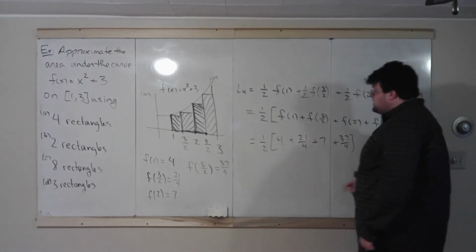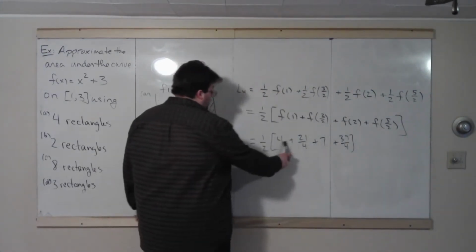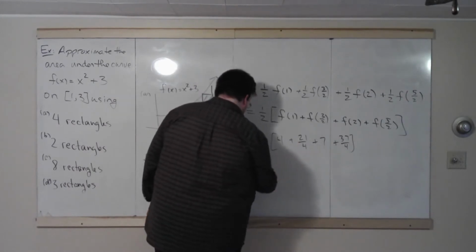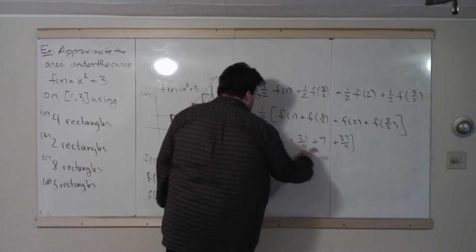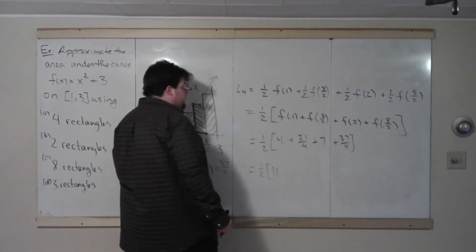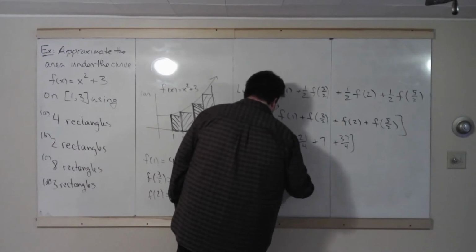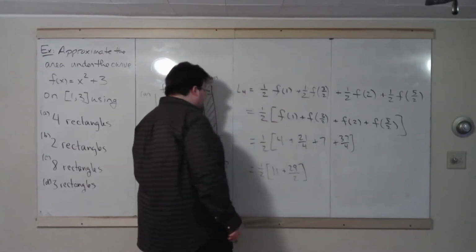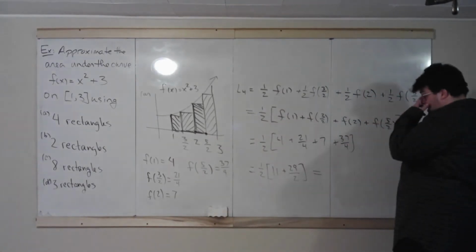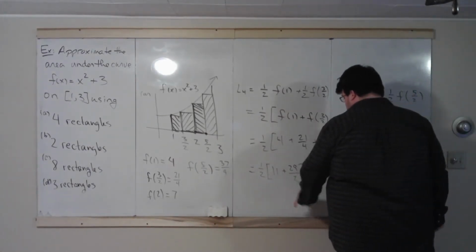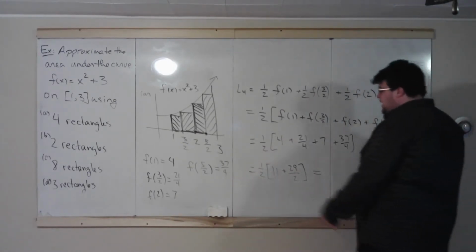So now we need to add these together. I'm going to add the whole numbers and then add the fourths. 4 plus 7 is 11. 21 plus 37 is what? 58. 58 divided by 4, 29 divided by 2. And then what does this equal? It's 22/2 plus 29/2.